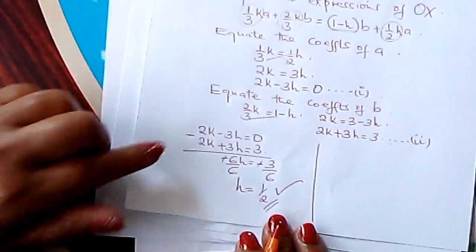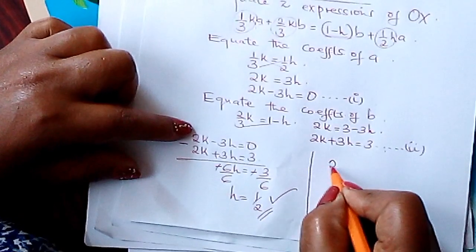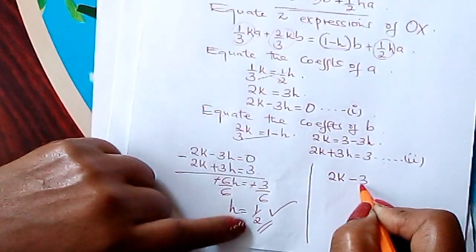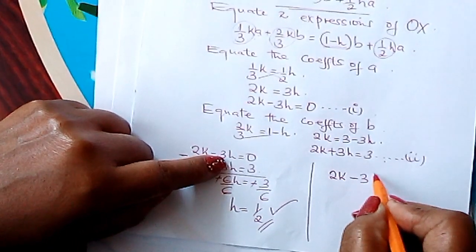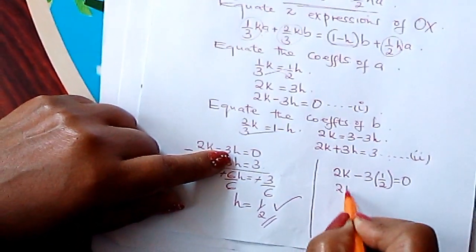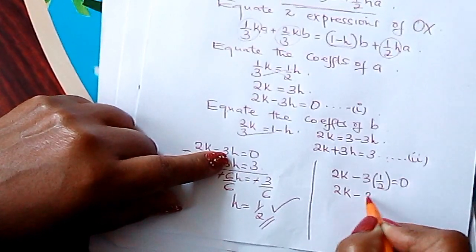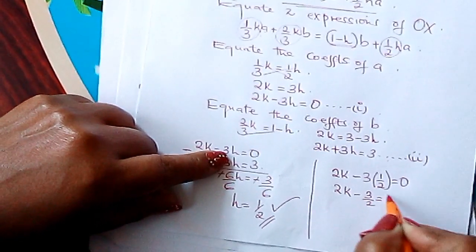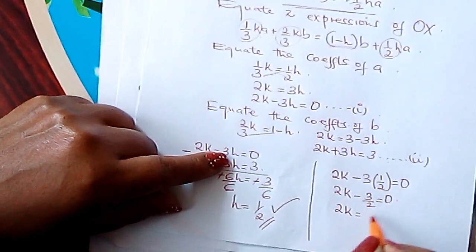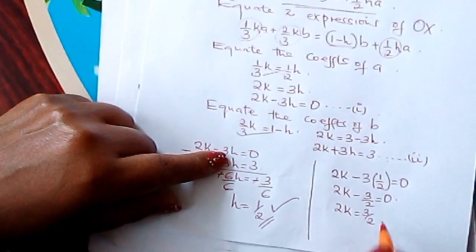Then, how do you get your k? You can use the first equation. You talk of 2k minus 3. Bring your h there, so a half, is equal to 0. 2k, learner, is equal to what? 3 over 2, which is equal to 0, and therefore 2k is equal to, take this to the other side, you get that.